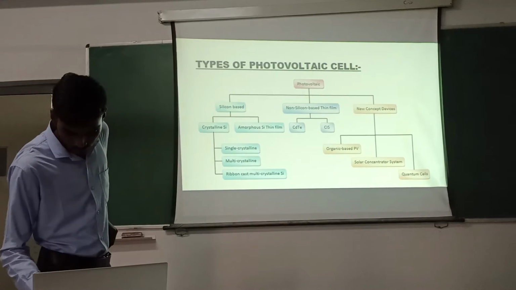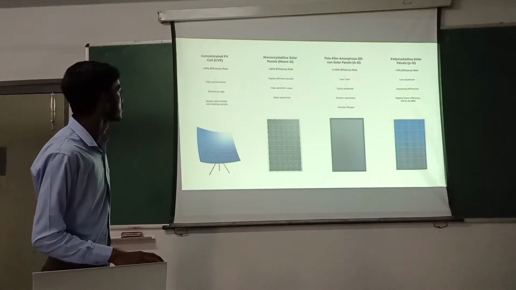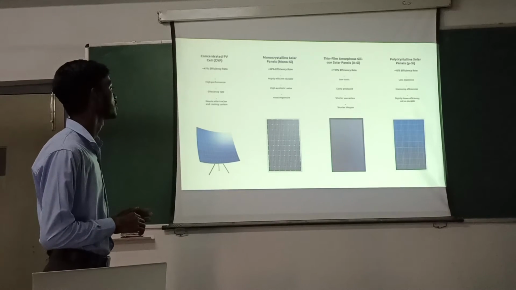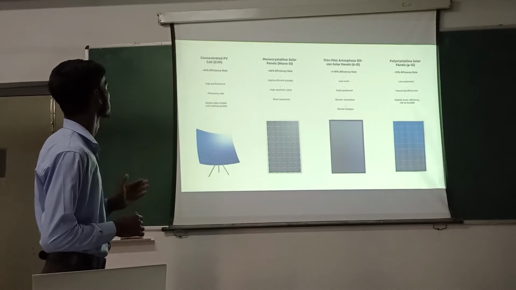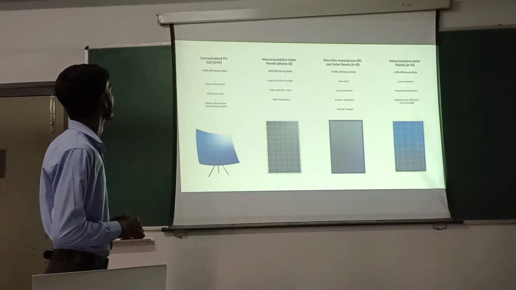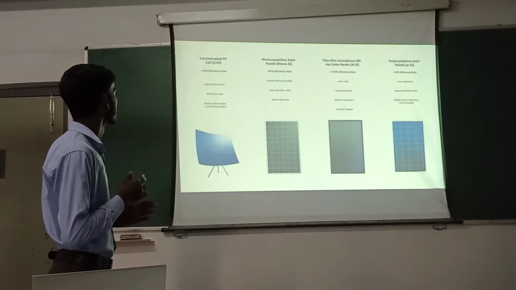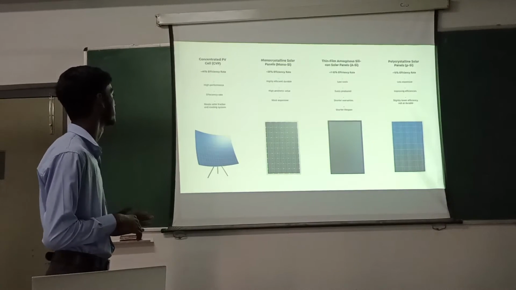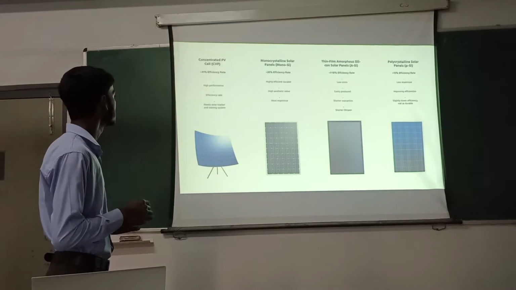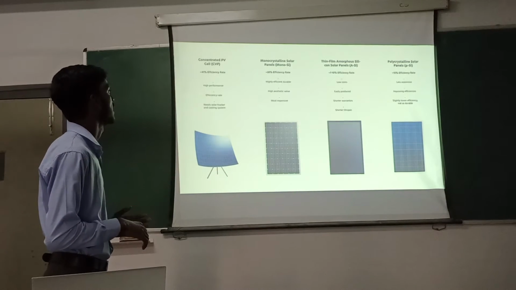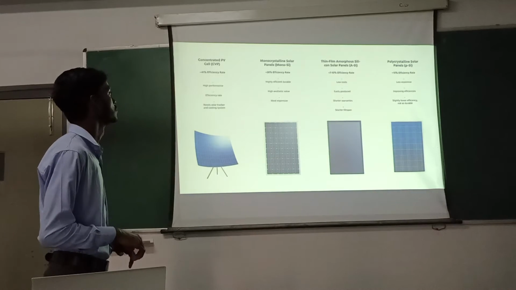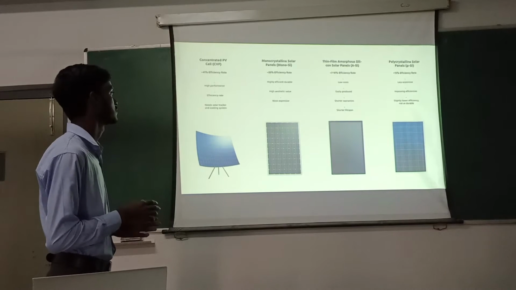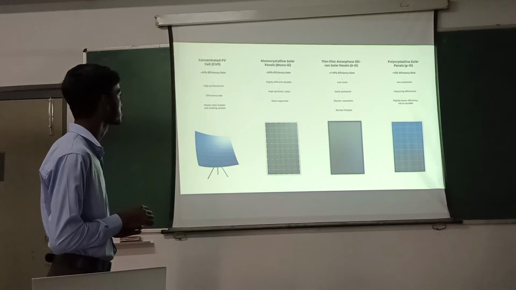Now, based on their internal structure and their efficiency, there are four types of photovoltaic cells. One is concentrated PV cell, whose efficiency rate and performance is very high, but it needs a solar tracker and cooling system. Another one is monocrystalline solar panels, whose efficiency is also very high and they are very durable, but their cost is very high.